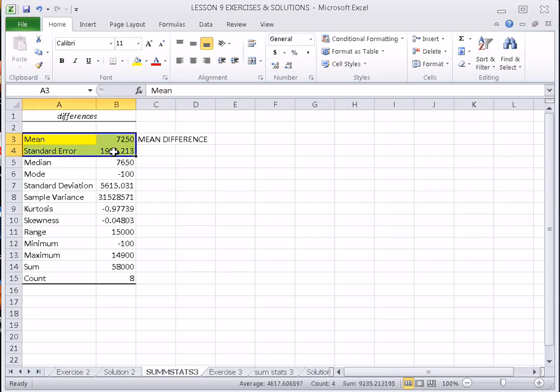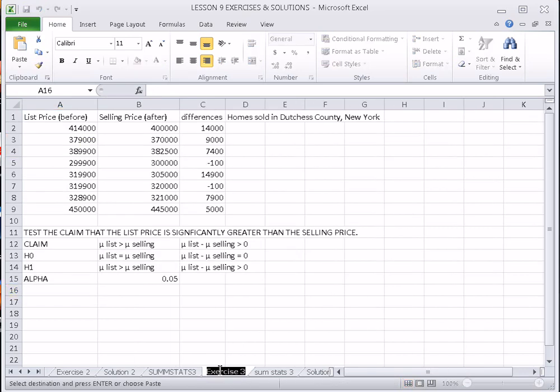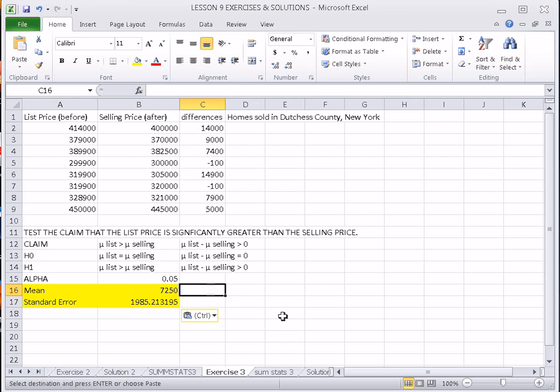So let's see if we can copy these and take them back over here. All right, so there we go. Here's our mean and standard error. This is what we're going to need. And the mean here, this is our sample statistic.